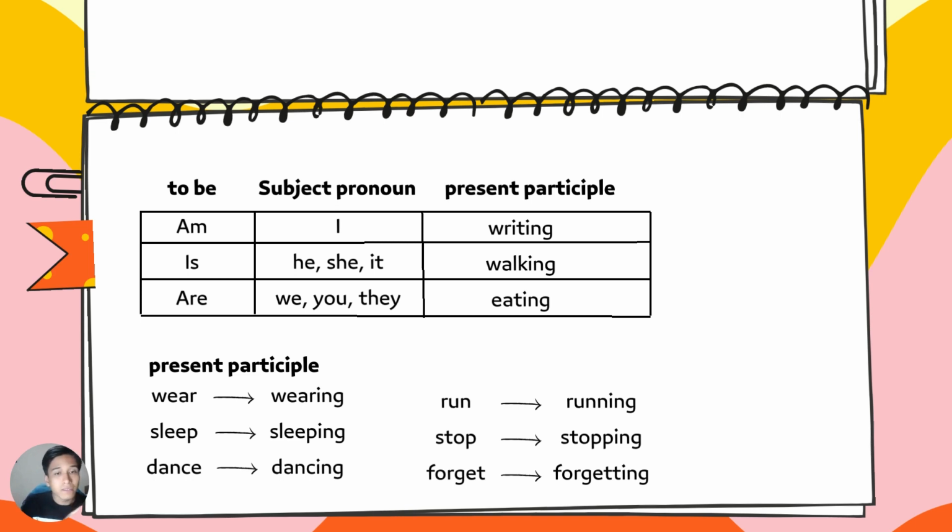Then from run to running, stop, stopping, and forget, forgetting. As I said, in some verbs, we have to double the last consonant that is preceded by a vowel.